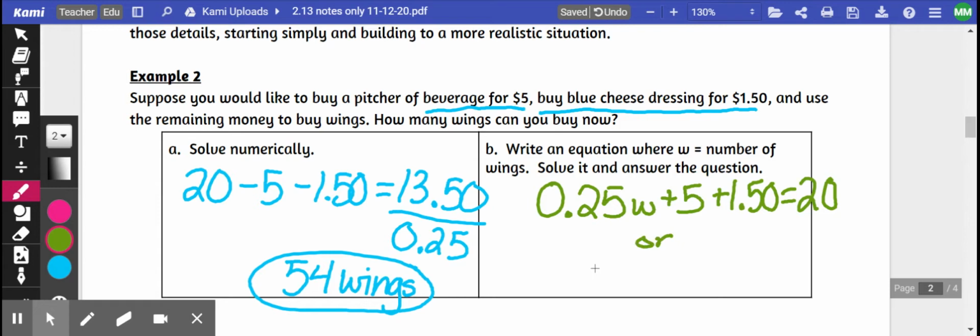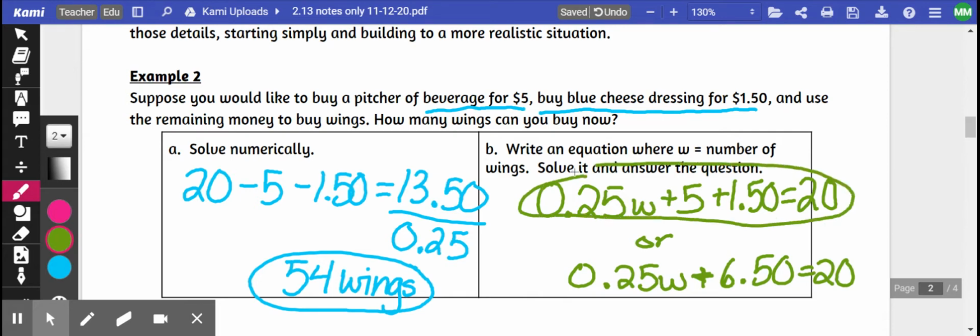You can write it as that or 0.25W plus 6.50. Either one is fine. Because this one is really similar to solve like number one, I'm going to have us just jump to the next one.